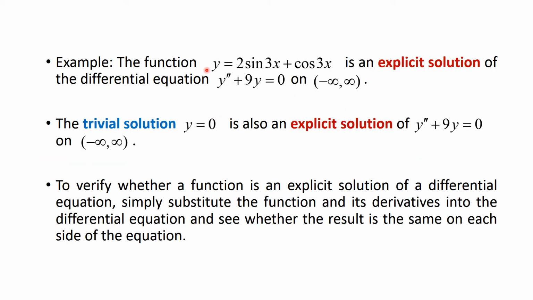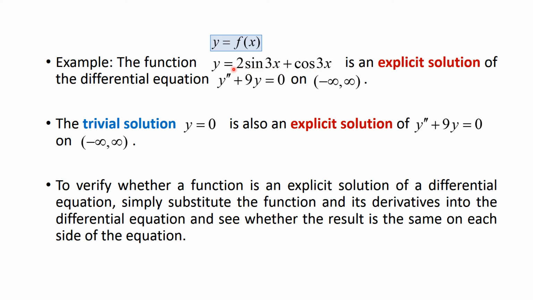In the previous example, we have seen that the function y equals 2 sin 3x plus cos 3x is a solution of the differential equation y double prime plus 9y equals 0 on negative infinity to infinity. This function is expressed in the form of y equals f of x. Okay, so y is a linear function, y is to the power 1, and it is expressed solely in terms of the independent variable x.